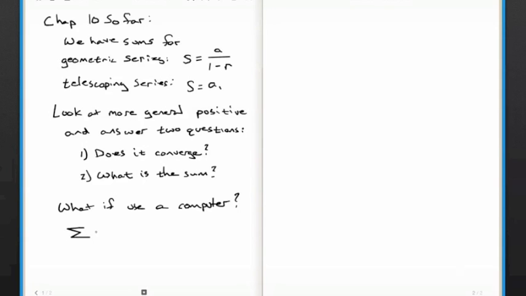The sum as n equals 1 to infinity of 1 over n. Just to help us out with the notation, that was 1 over 1 plus 1 over 2 plus 1 over 3 plus dot dot dot.